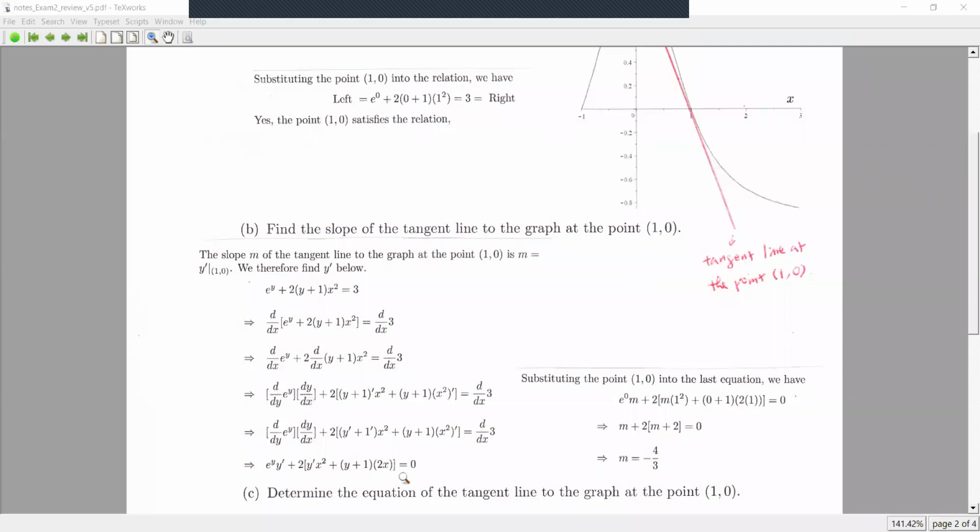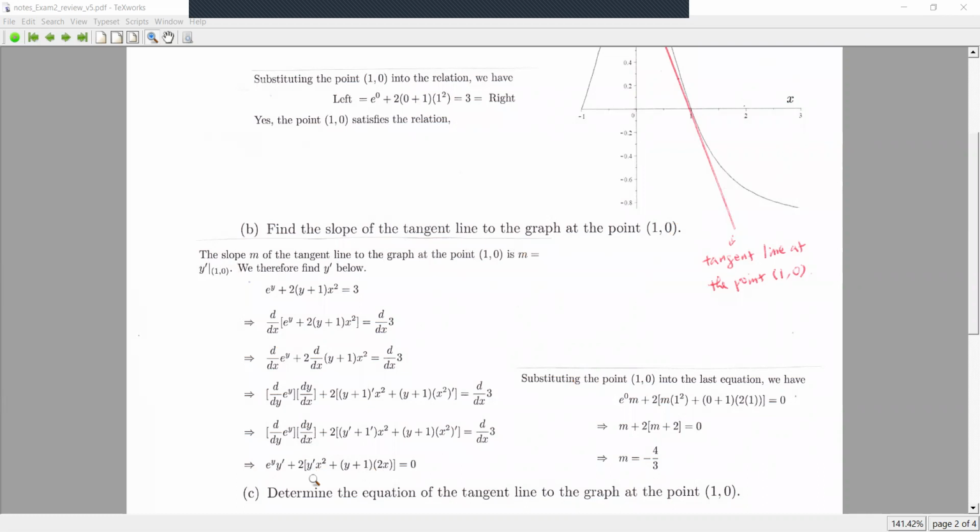Solve this equation for y prime. Then plug in the point 1, 0 into y prime to get the slope of this tangent line. But we don't have to solve the equation for y prime, then plug in the point to get the slope of the tangent line.